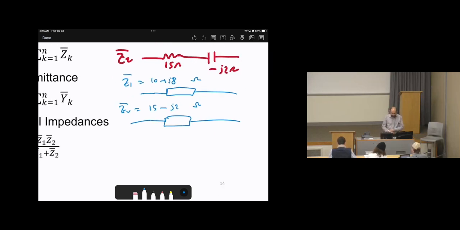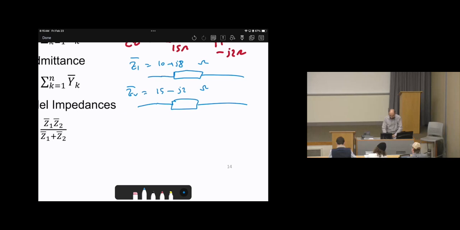Now, I'm going to do some simplification. Let's assume we have these elements. Here is A. Here is Z1 bar. Here is Z2 bar. Here is B. We need to calculate ZAB. What do you think ZAB will be? Z1 bar plus Z2 bar, because Z1 bar and Z2 bar are in series.